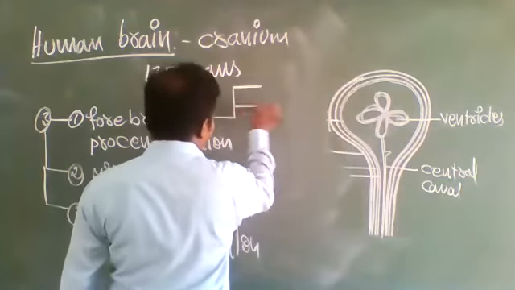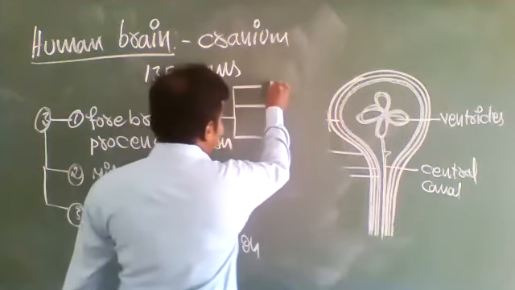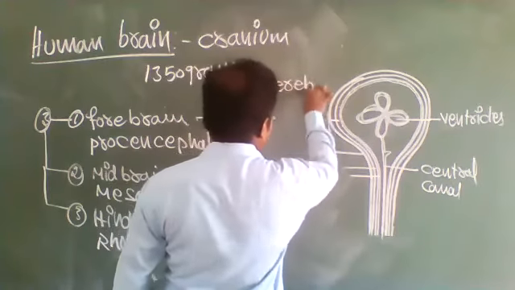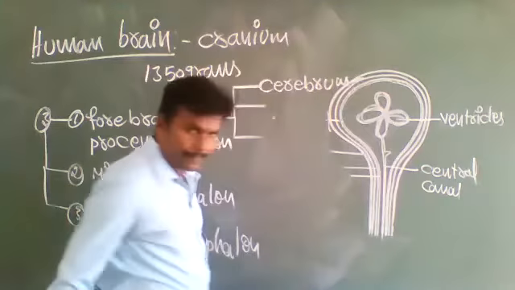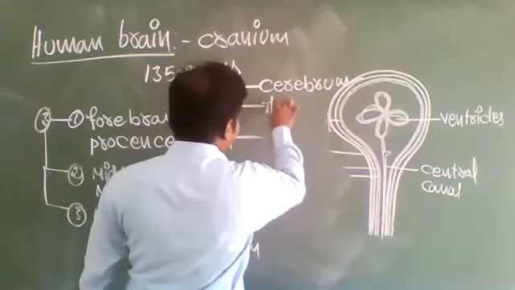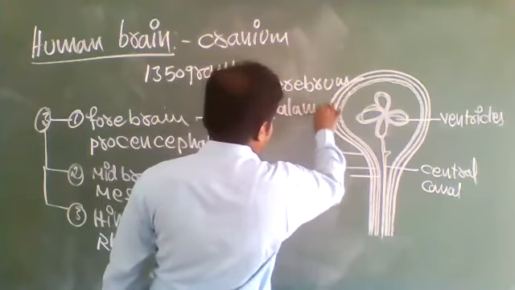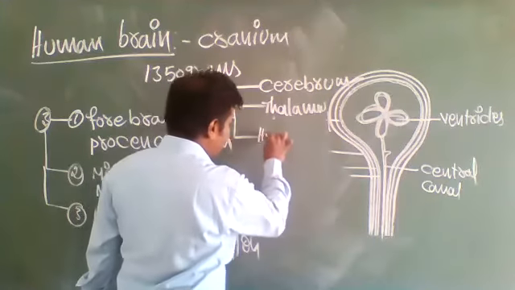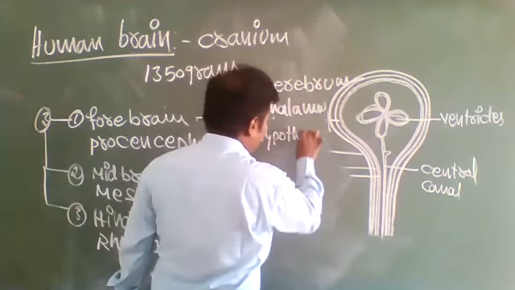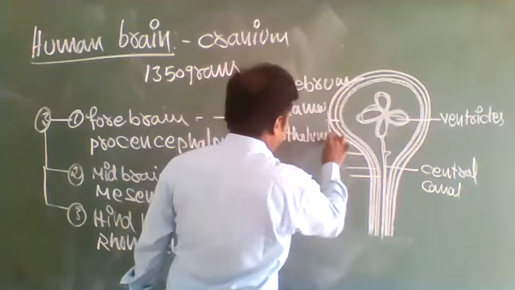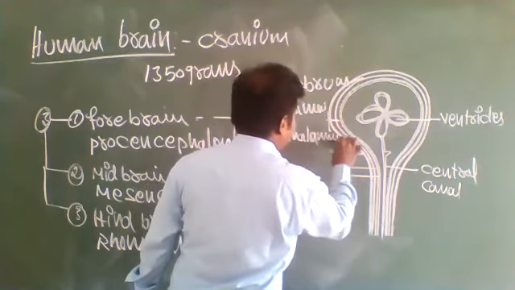Forebrain consists of three parts: cerebrum, thalamus, and hypothalamus.